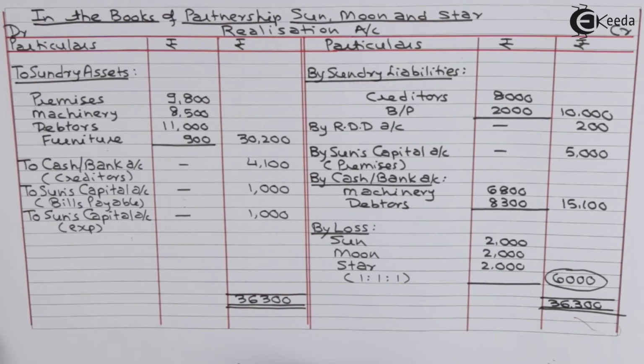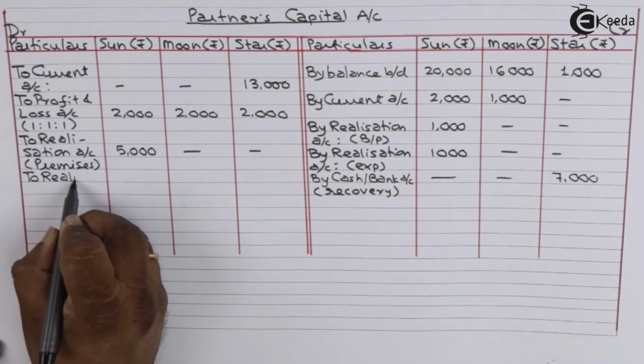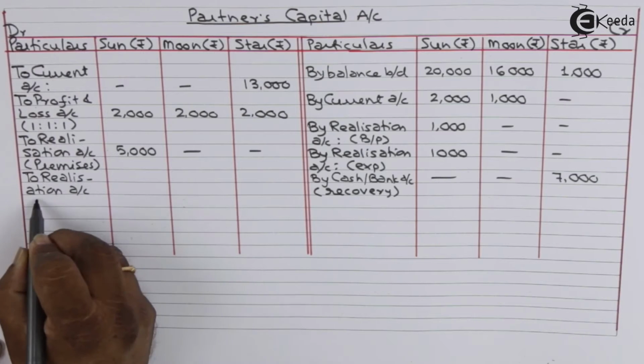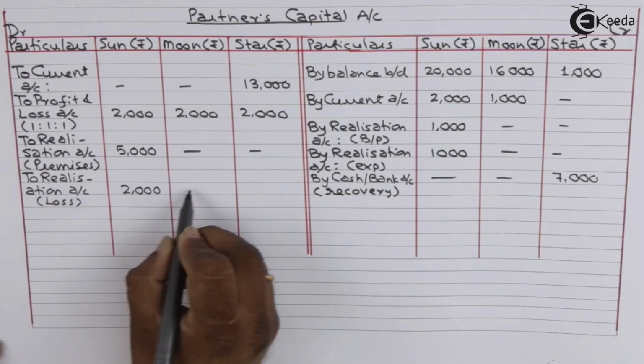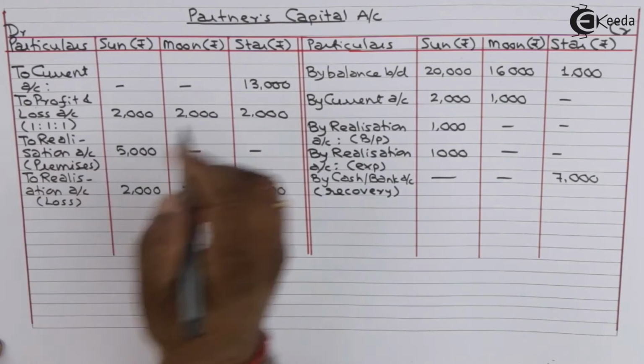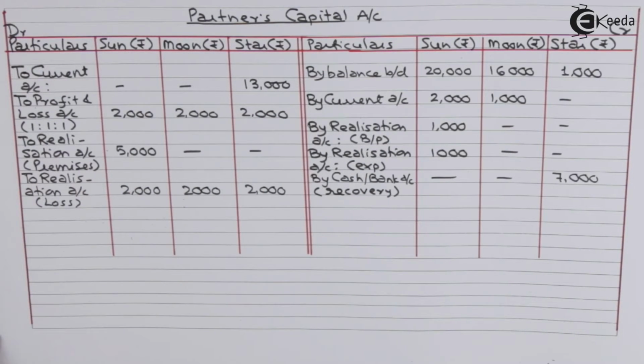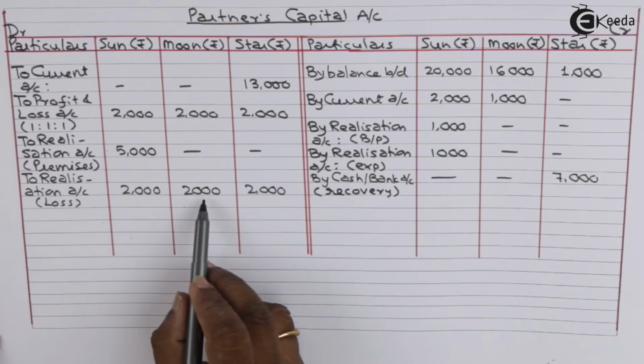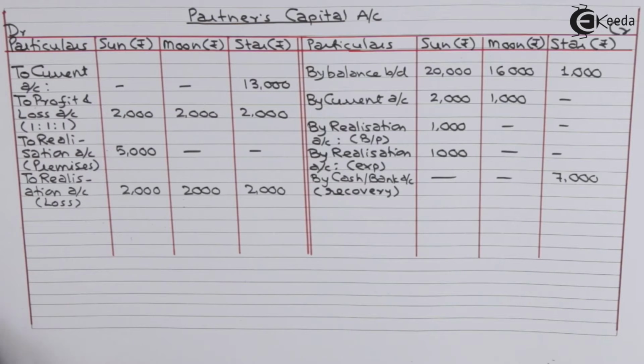This loss will be transferred to partner's capital account on debit side. Partner's capital account debit to realization account, loss transferred 2,000, 2,000, 2,000. Here we are required to focus on the procedure of insolvency. We are required to take first Star's capital account for closing to find out any deficiency.